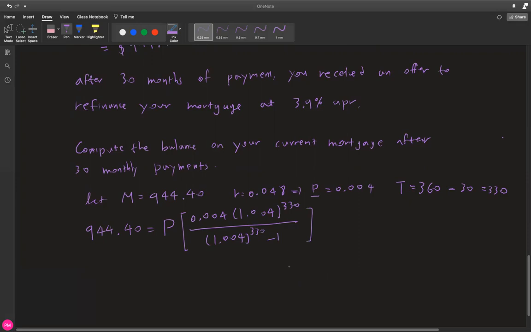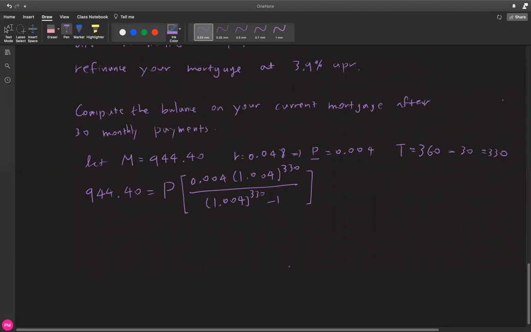So we've done something similar before. How do you find P? You first compute whatever is in the bracket, and divide the bracket on each side.